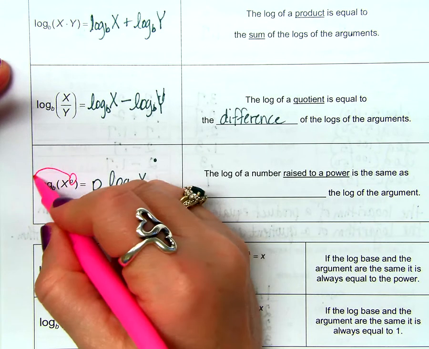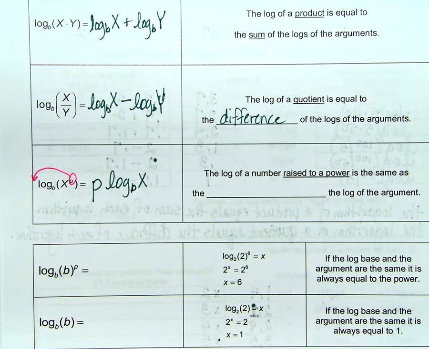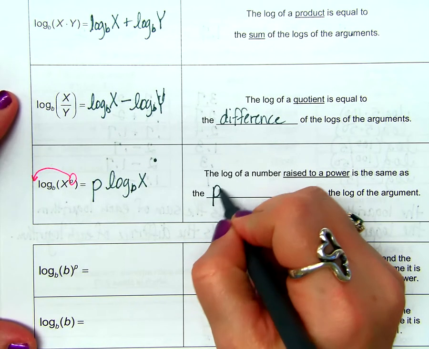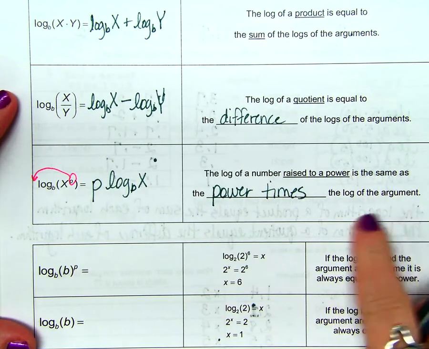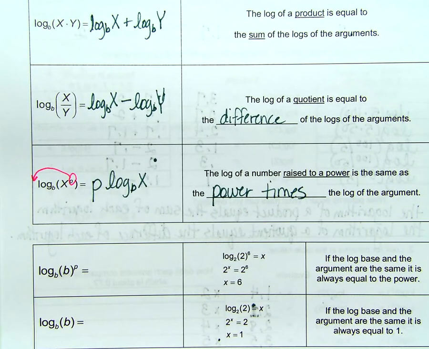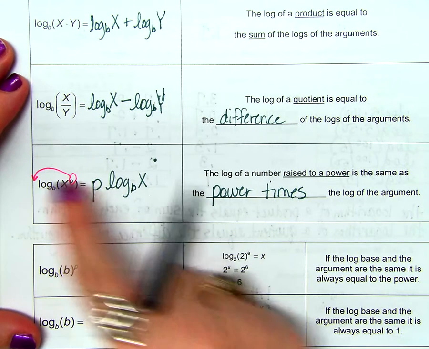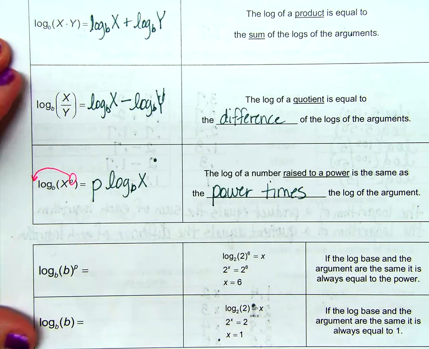This comes down front as a multiplier. Does that make sense? The log of a number raised to a power is the same as the power times the log of the argument. See how the power is acting as a multiplier? It's the power times the log.